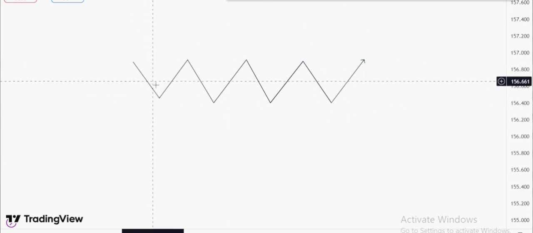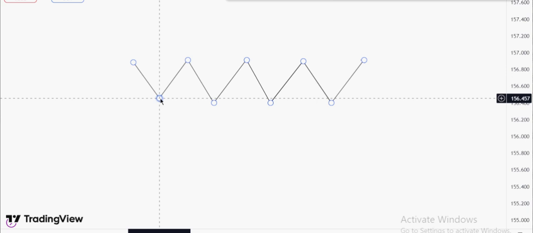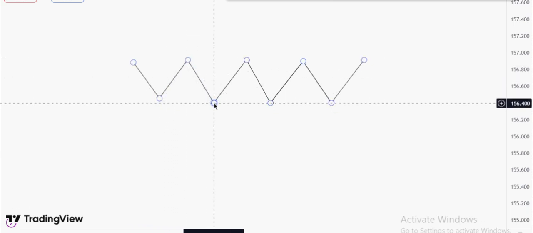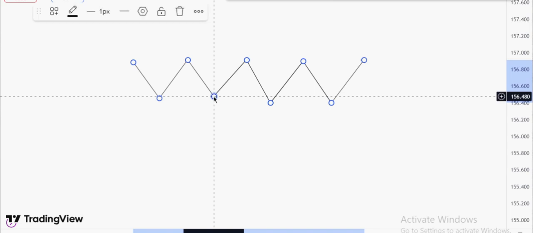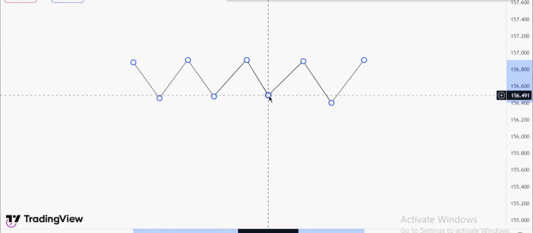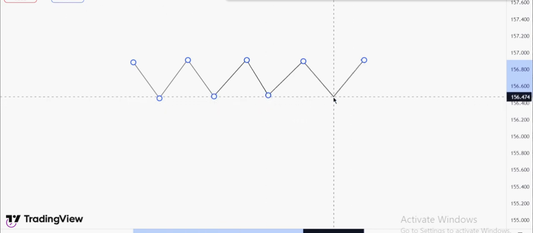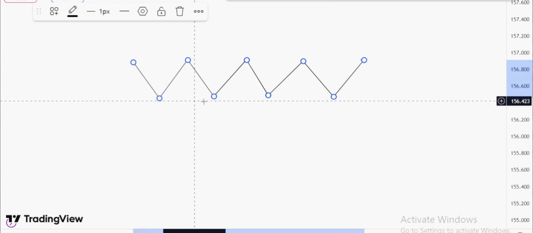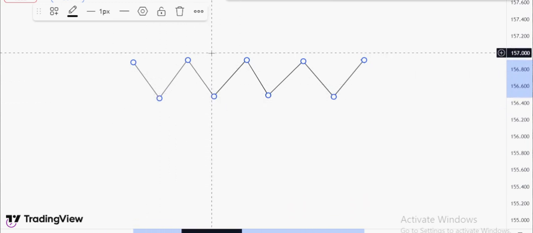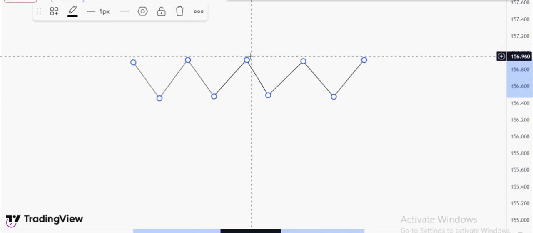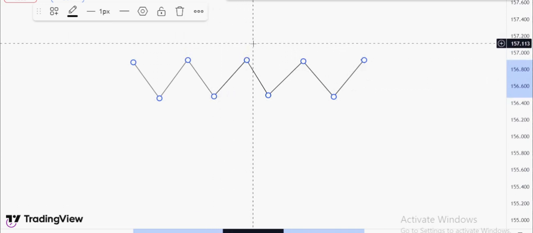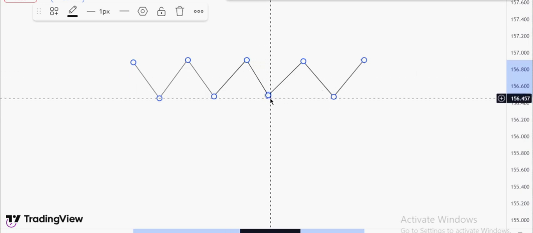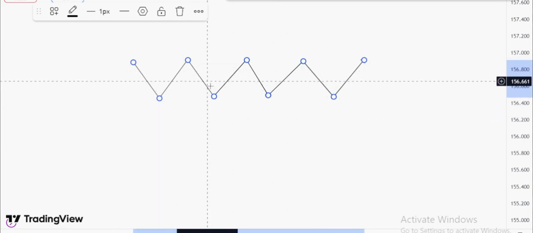This created a low, sure, but then created a high, sure, but then it did not create a new low. Let me just quickly tweak this. It did not create a new low. It still maintained activity within this range, and then when it came to this high again, instead of breaking it, it did not break it. It reacted to it and then came down again, and then it's creating this zigzaggy pattern.